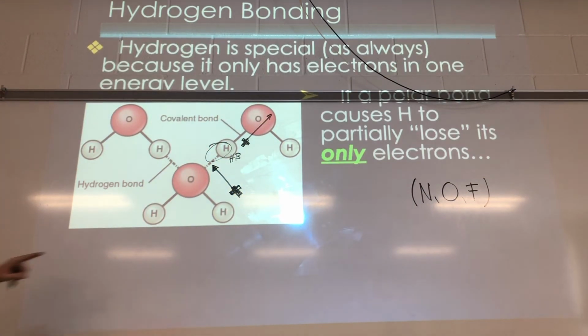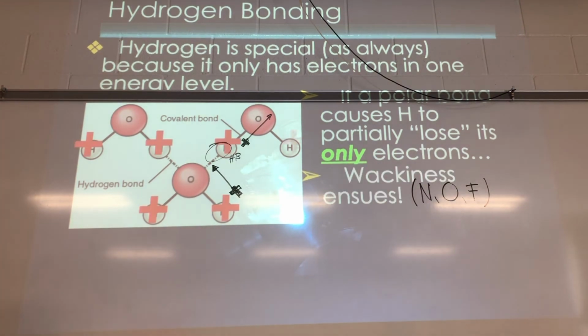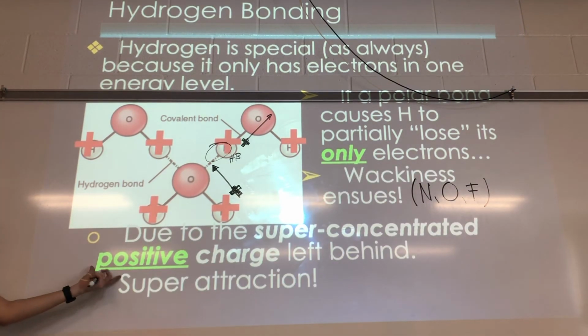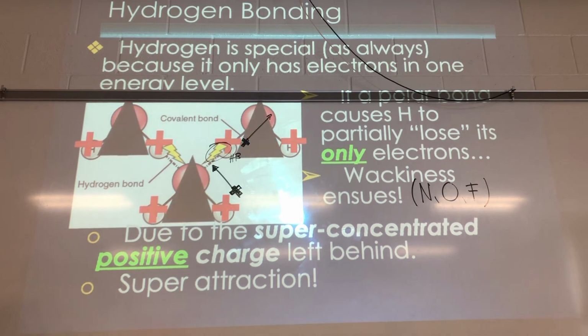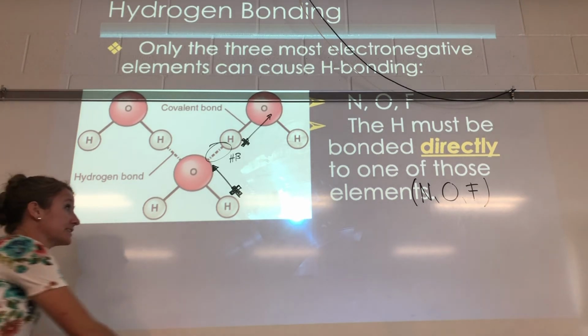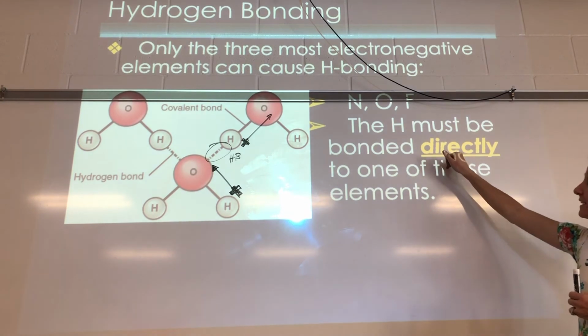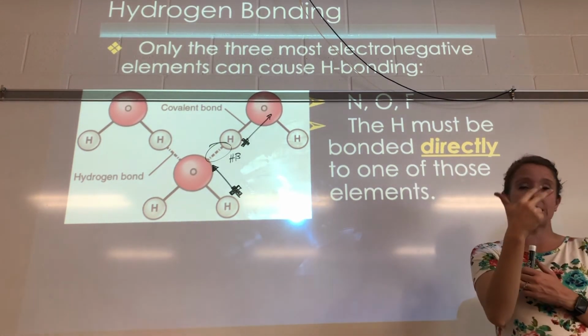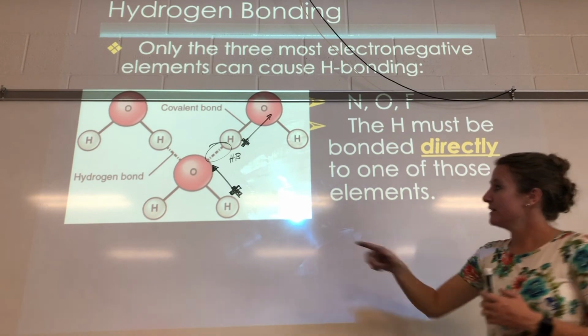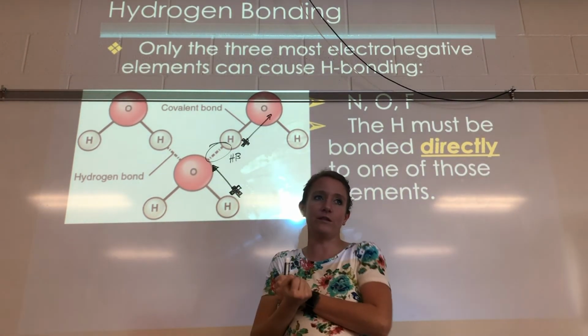Okay, so once again, the requirements are hydrogen is losing its only electron, giving it a very, very positive charge left behind. Now, the requirement is for this force to happen, the hydrogen has to be directly bonded to one of those three, N, O, or F. If you don't have a true bond here, it can't do the tug and pull the electron away.